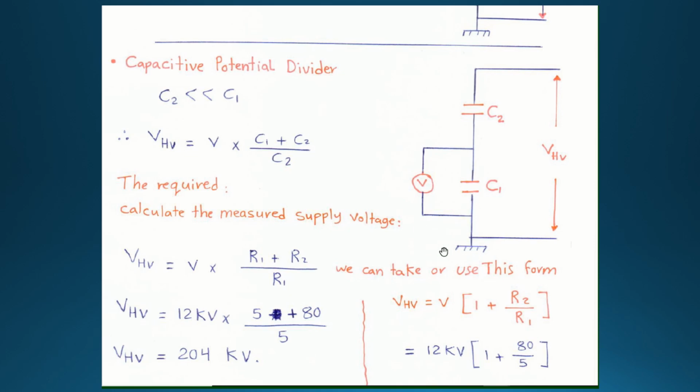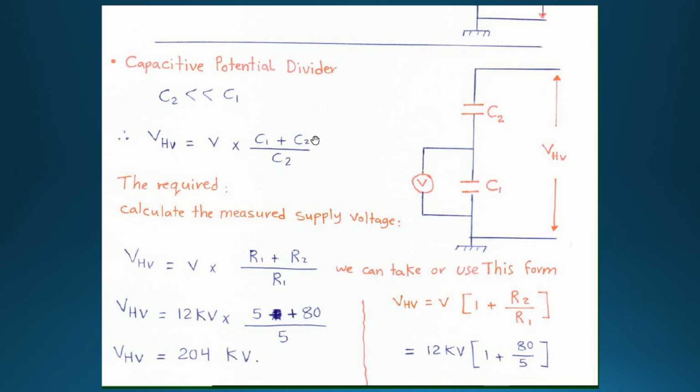It looks like this, and you will have full knowledge about the divider from the theory part. The formula for the capacitive potential divider is VHV equals V into C1 plus C2 divided by C2. Here in this question, he asked us to calculate the measured supply voltage.